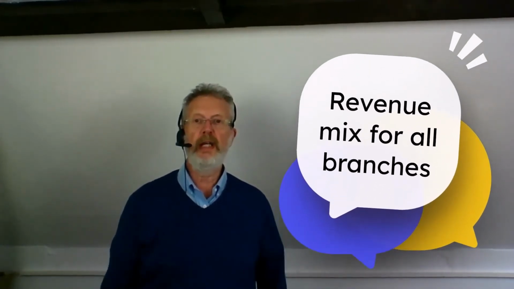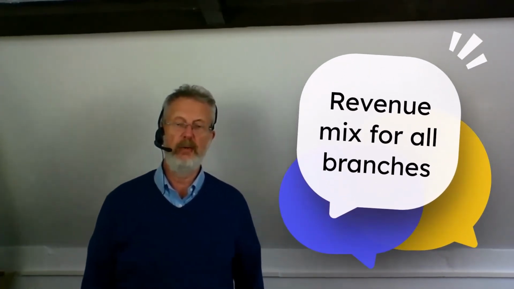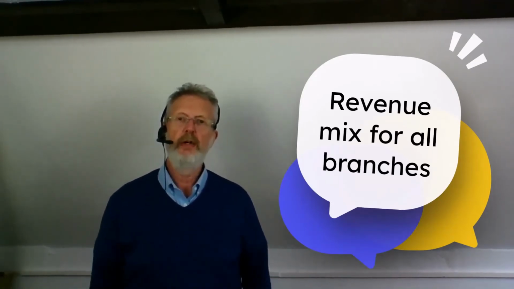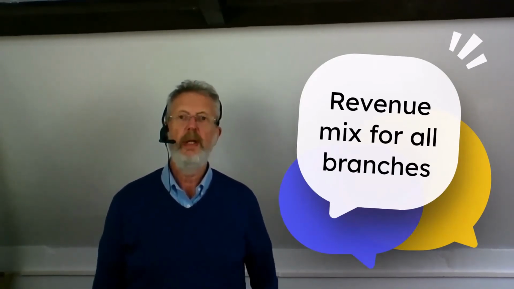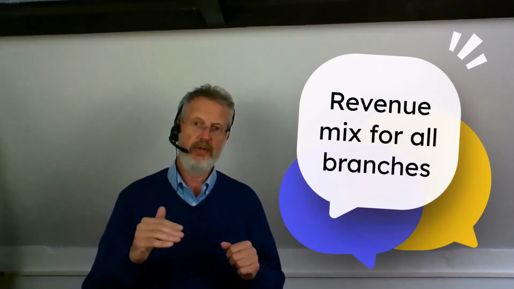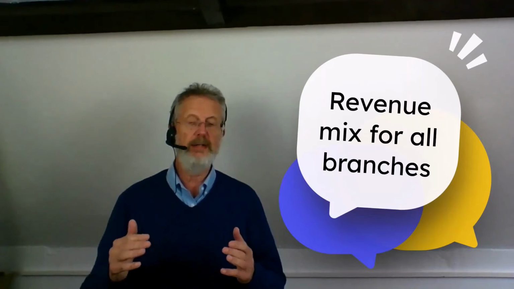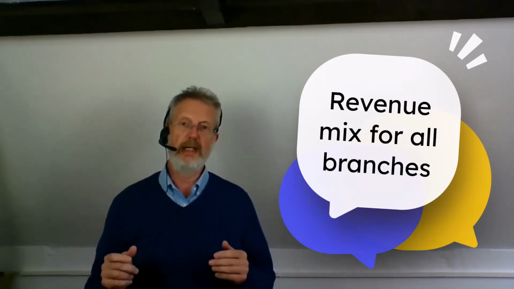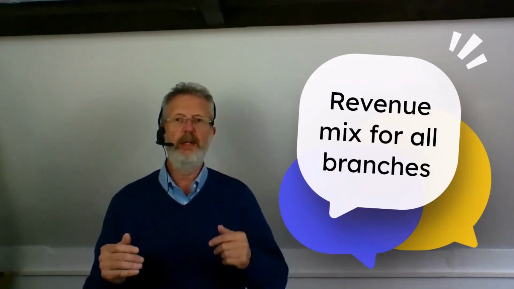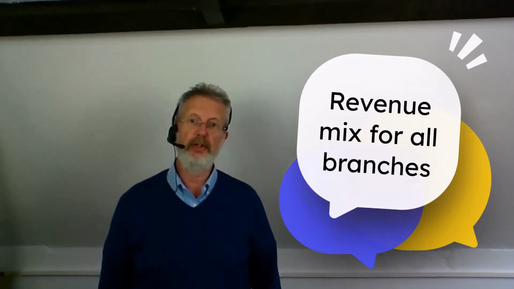One of the points already raised is what about doing the revenue mix for all of the branches? Now, I don't mean the revenue mix for branch revenue in total. You have to do that so that you see the split between branch and online.